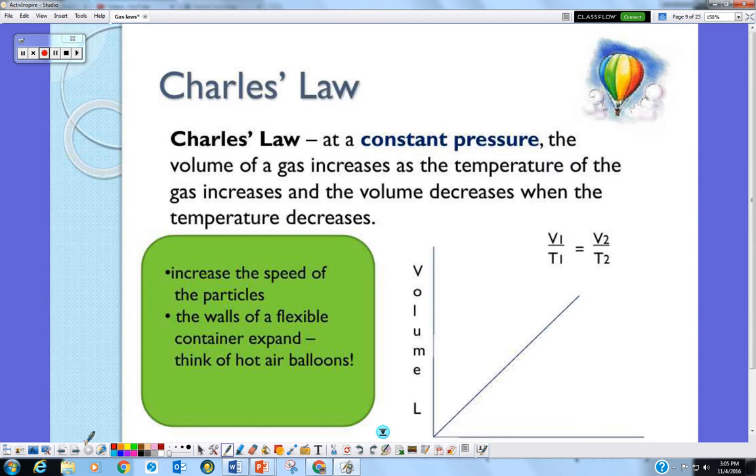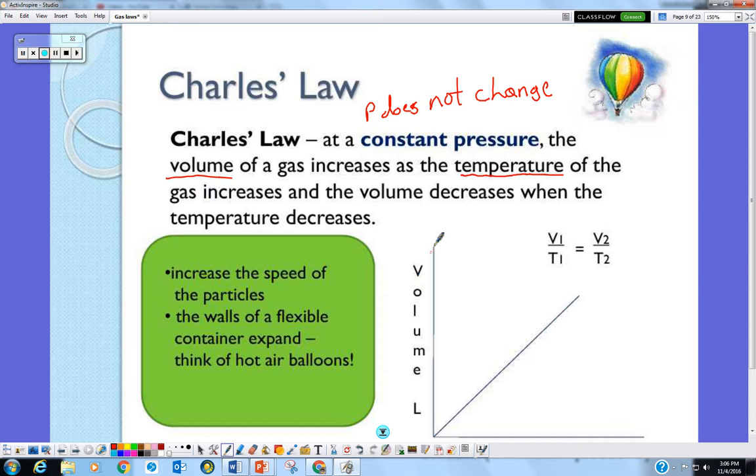Alright, so that brings us now to Charles's law. Charles's law holds pressure constant, so that means that pressure does not change. So when we're looking at these, we are only looking at the relationship between volume and temperature.